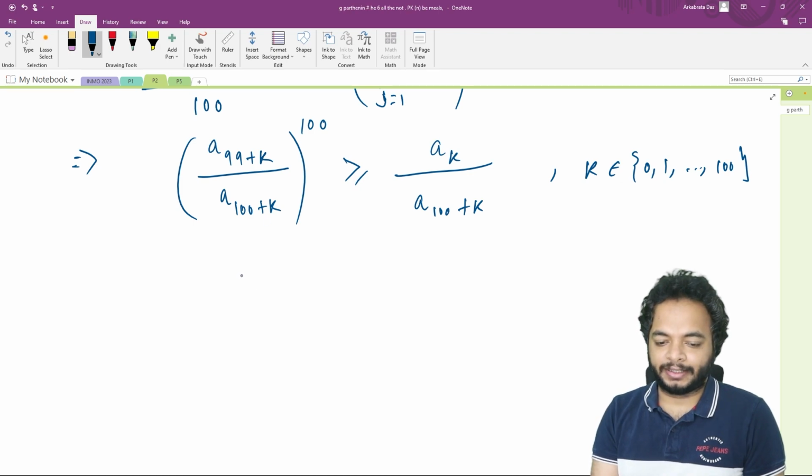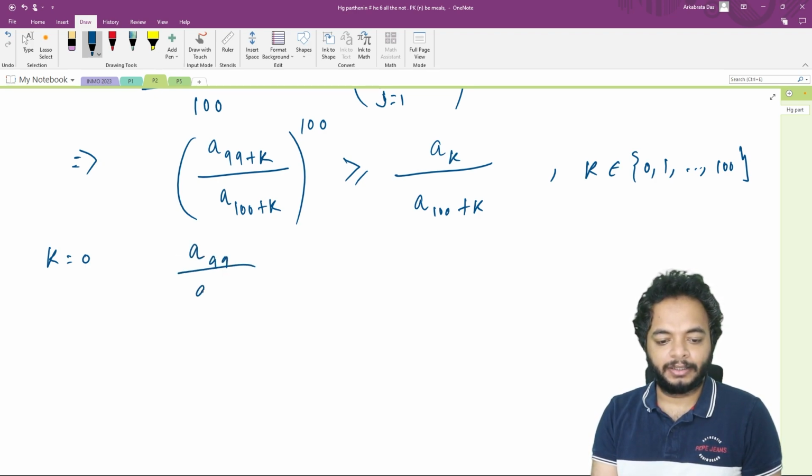Now there is one interesting thing. For k equals 0, what do you get? A99 divided by A100 whole to the power 100 is greater than equals to A0 divided by A100.